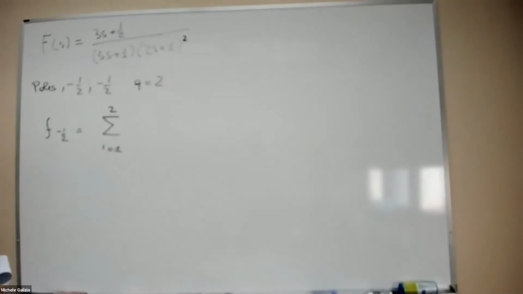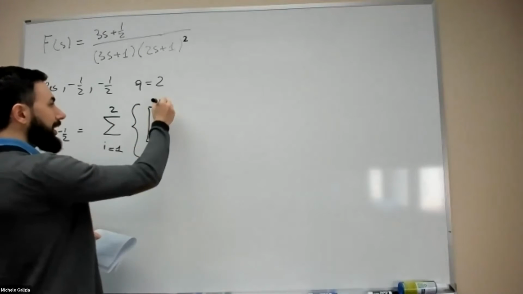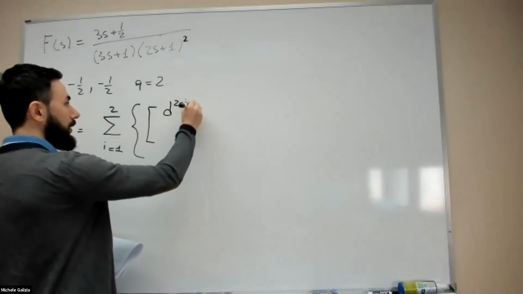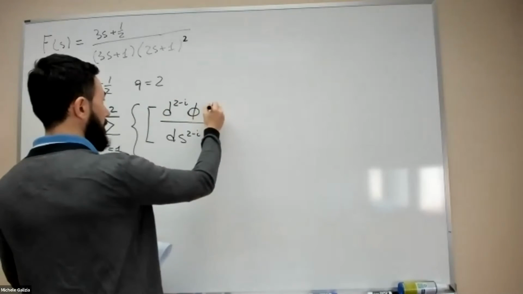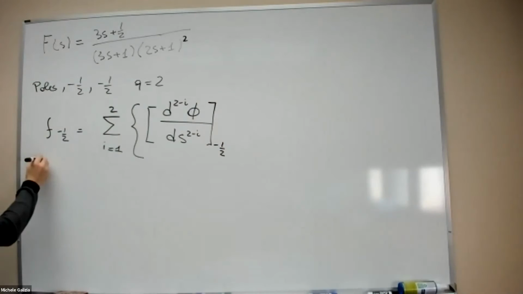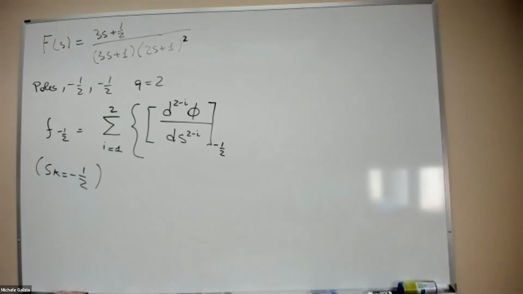Summation from 1 to 2 of what? Derivative of order 2 minus i of the function phi, calculated in minus 1/2. s_k is minus 1/2, obviously, in this case.